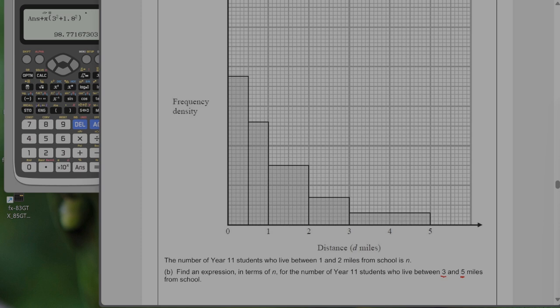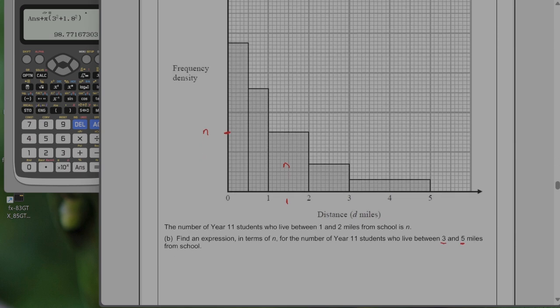Okay, so let's not overly complicate this. Number of Year 11 students who live between 1 and 2 is n. So that distance there is 1. So if the area of that is n, it must mean that n is my frequency density there. Find an expression in terms of n for the number of Year 11 students who live between 3 and 5 miles.